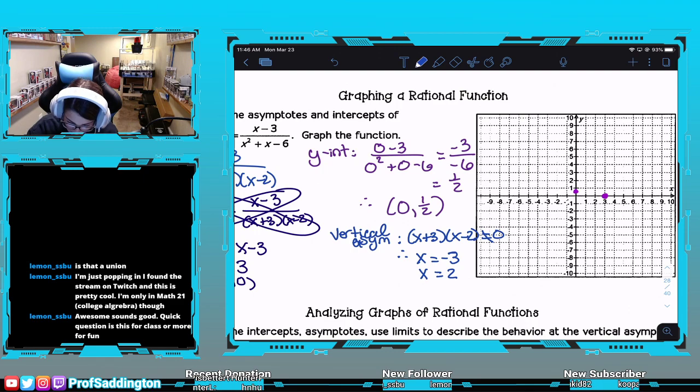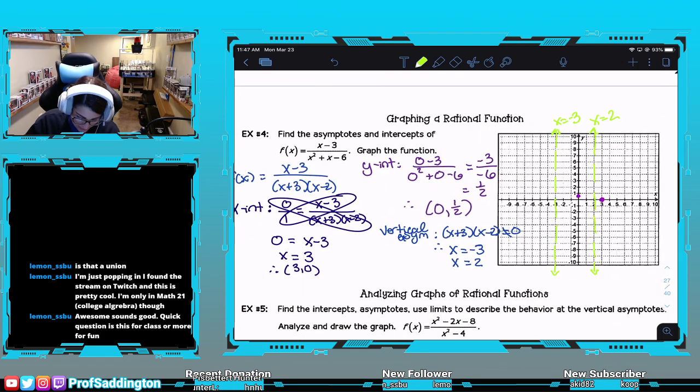So if we want, we can sketch those on there. And again, I'm going to use dashed lines so I don't get confused with my original function. So negative 3 and positive 2. Okay, so I recommend dashed lines for that.